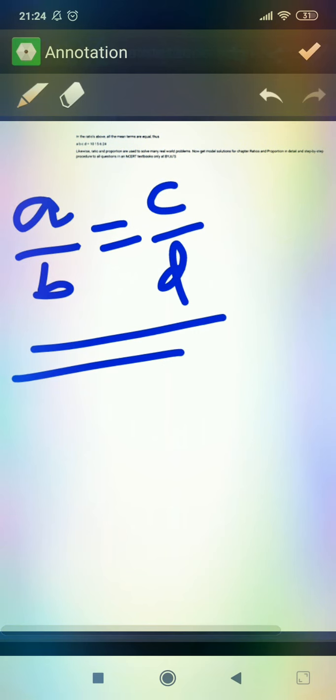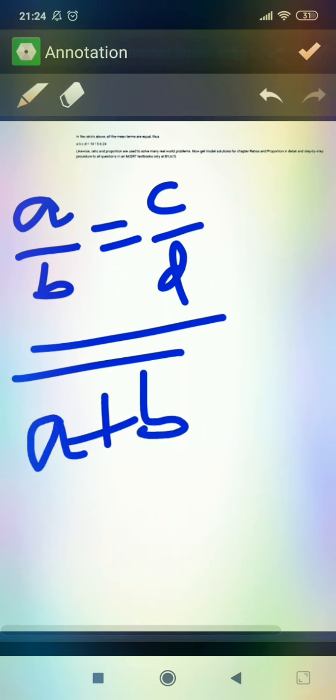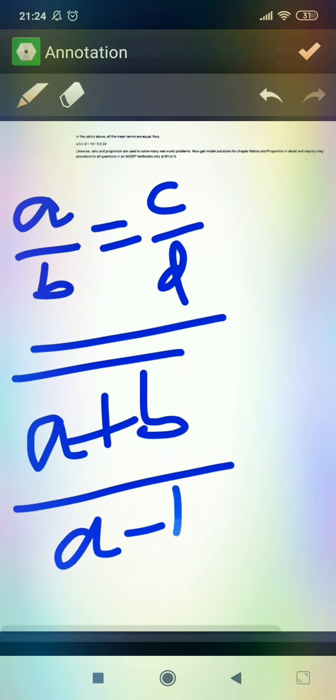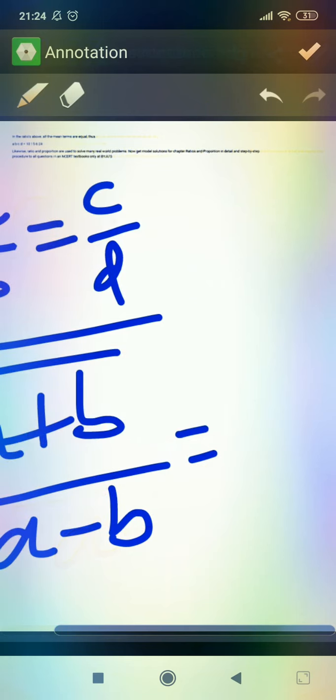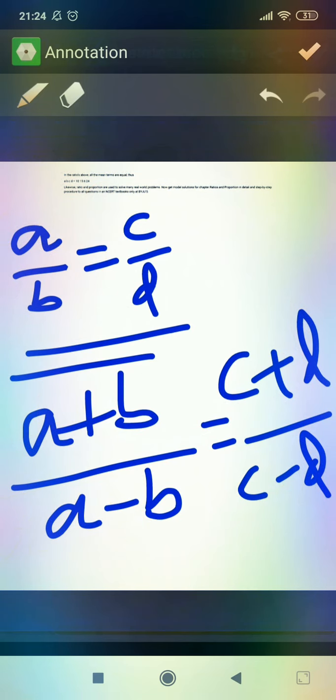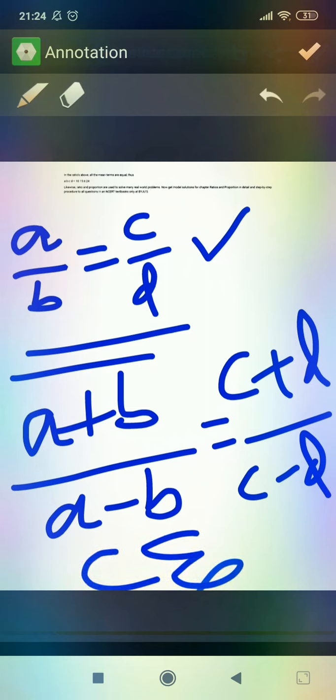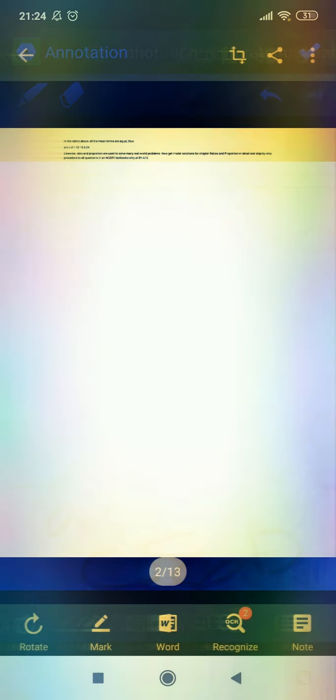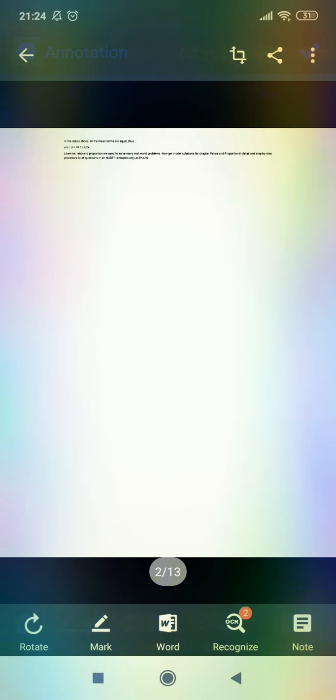Then applying componendo and dividendo, A plus B by A minus B is equivalent to C plus D by C minus D. Yes, we can prove many examples based on this important thing. What is that? Componendo and dividendo. This proof I will discuss later.